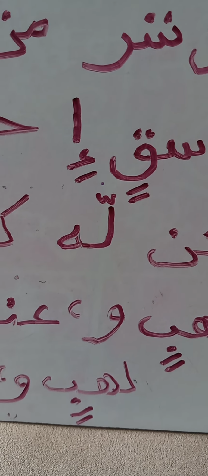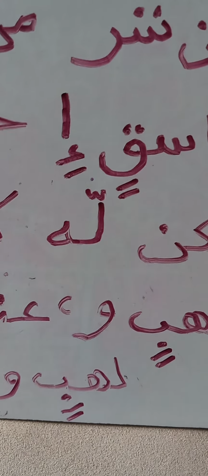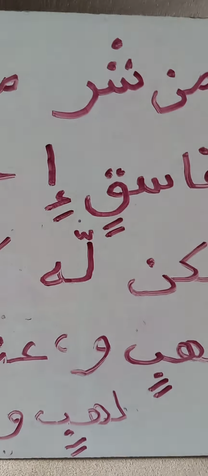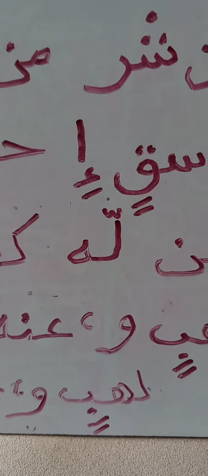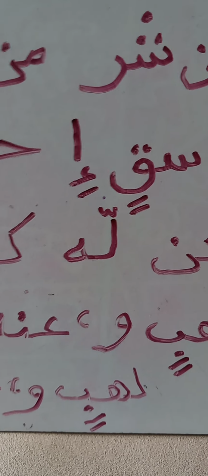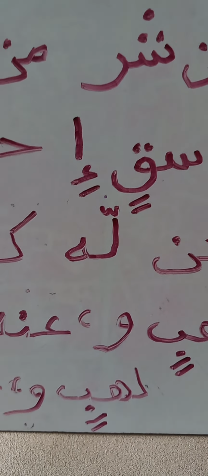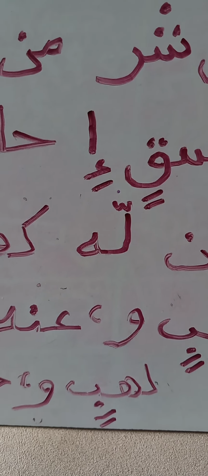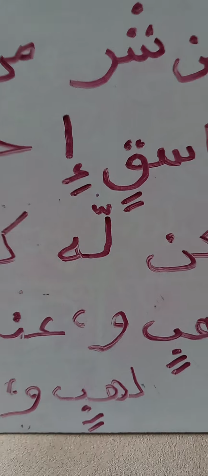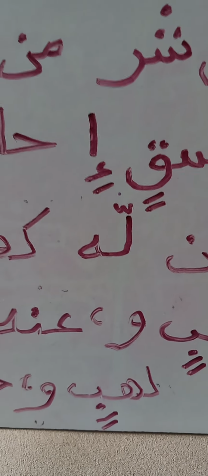You're going to say yakul lahu, but there's no nasalization. So the sounds are really important. At the end of the day, it's all about if you made the correct sound. If you don't know the rules, chances are you're just going to repeat whatever sound you hear. And most of the times, you're not going to be able to justify why you're making that sound because you don't know the rules.